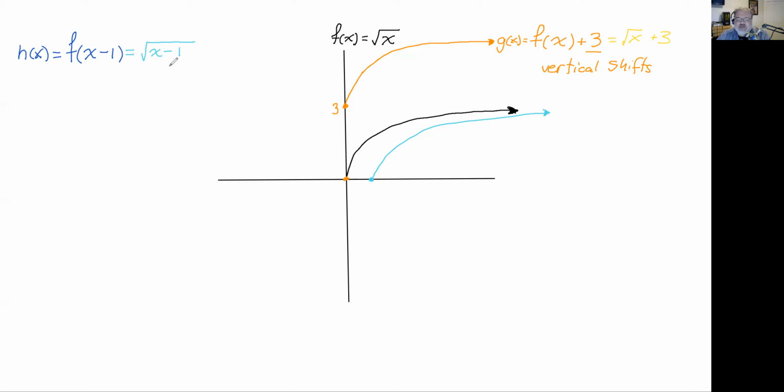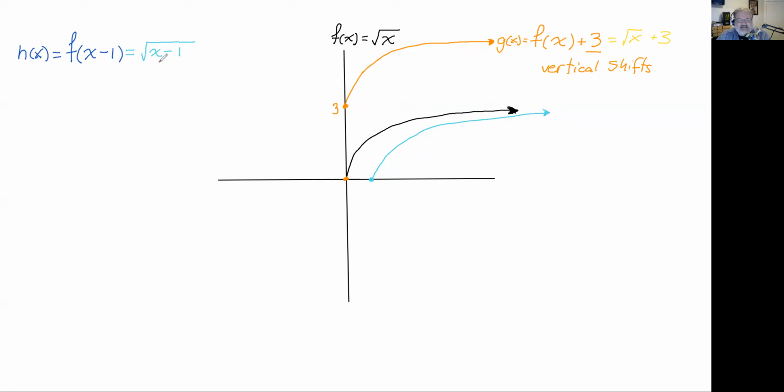We could also just plot some points. If we tried to plot what happens when x equals 0, well, 0 minus 1 would be negative 1. The square root of negative 1 isn't real. So there's no point on the graph. At negative 1, negative 1 minus 1 is negative 2. Square root of negative 2 is also not real. You can't have any points out here. But as soon as we get to x equals 1, 1 minus 1 is 0.